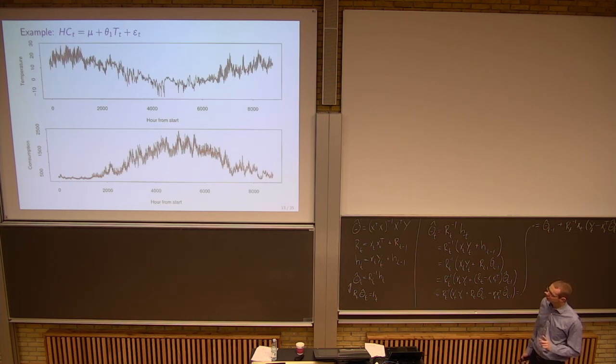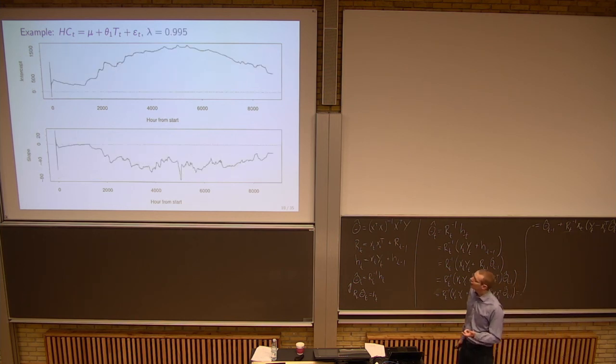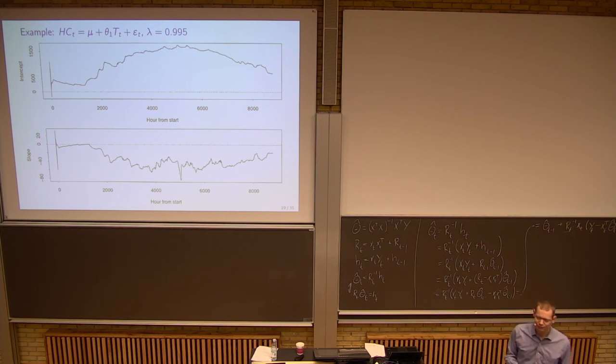So to get back to the data, temperature and heat consumption for the VEX district heating network, if we do it with a large lambda here, what is the effective number of observations in this case?